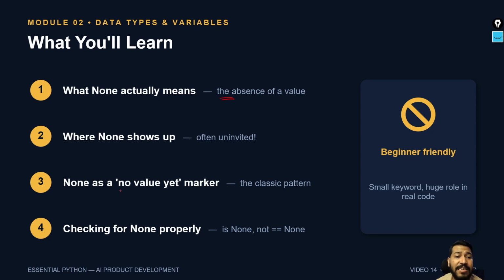Then None as a no-value-yet marker, and checking for None properly. In order to check for None, the way the Python coding style suggests is with the is operator, not with the equal operator.